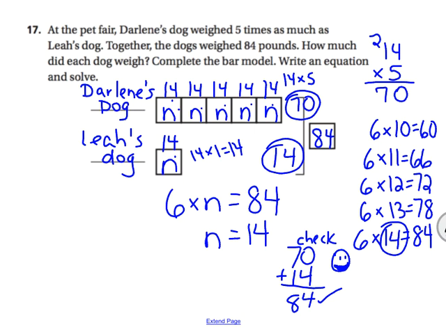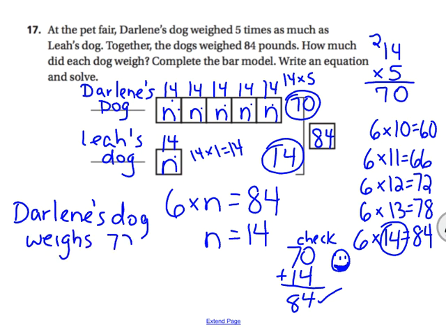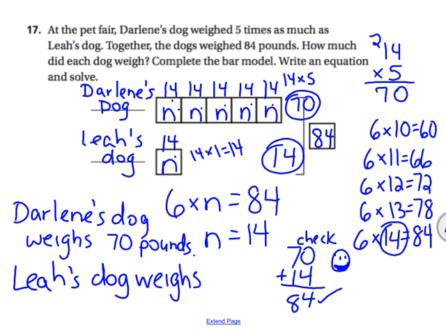So Darlene's dog weighs 70 pounds. And Leah's dog weighs 14 pounds.